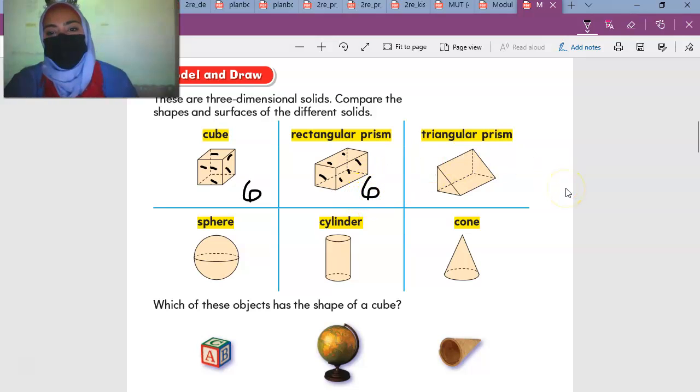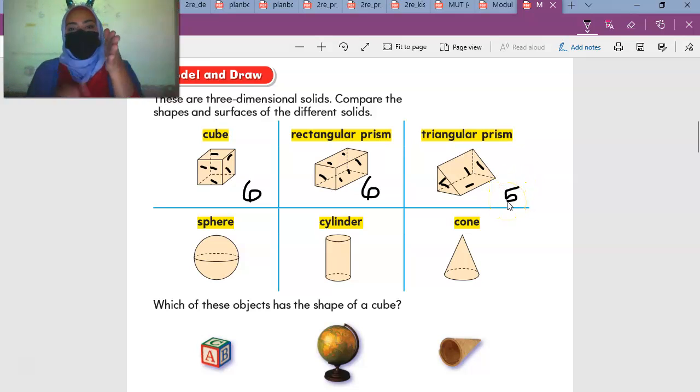Let's talk about a triangular prism. This side is 1, the back side is 2, the bottom side is 3, the front side is 4, and the other back side is 5. Right? 1, 2, 3, 4, 5.